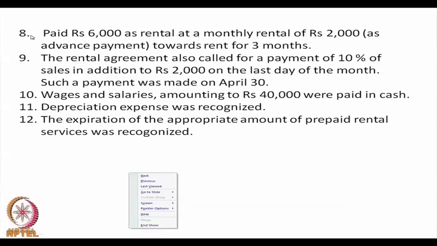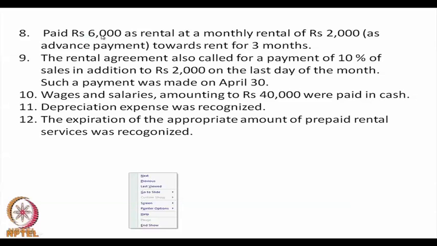Now, we look at transaction 8. Transaction 8 says paid a rental of rupees 6,000. The monthly rental is 2,000, but initially in the beginning of the month of April, an amount of 6,000 rupees was paid for 3 months, including for April. So, we have to make the entry.